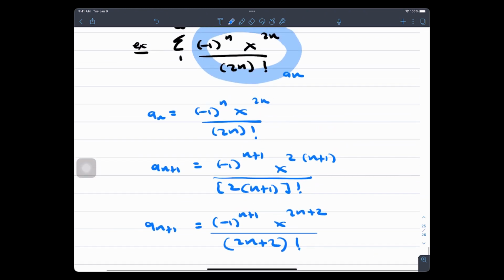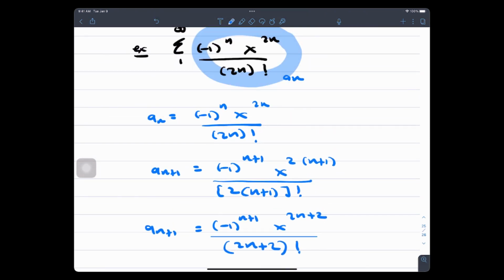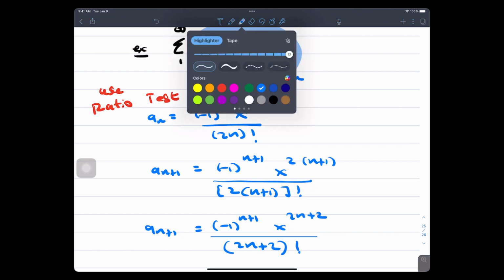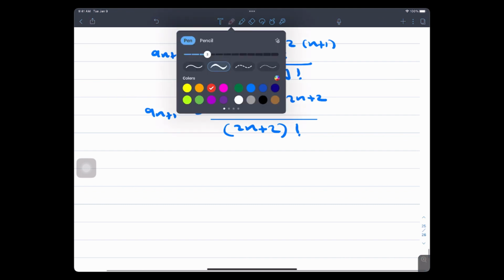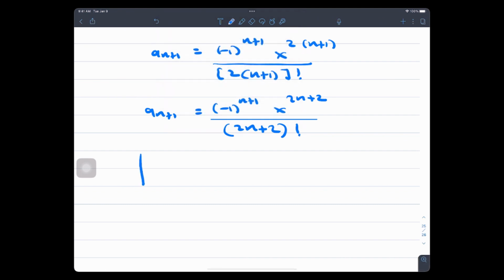Okay, so you're going to use again the ratio test. So you're going to take that limit by the ratio test. You take the absolute value of a_n plus 1 over a_n.